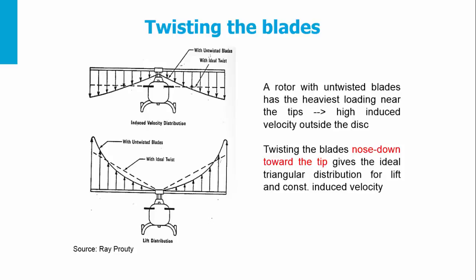Therefore, high induced velocity outside the disc. If we are twisting the blades nose down towards the tip, as you see down in the figure, it will give you the ideal triangular distribution for lift, which corresponds to a constant induced velocity.